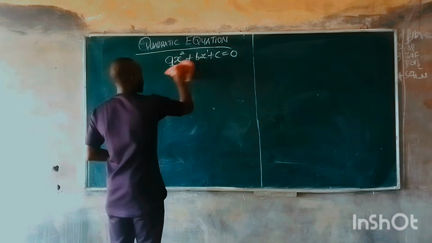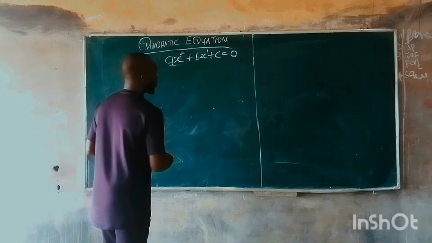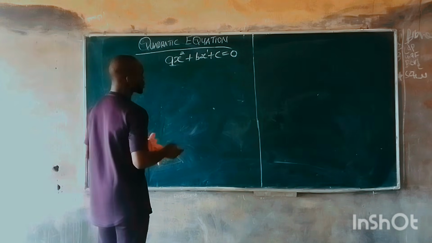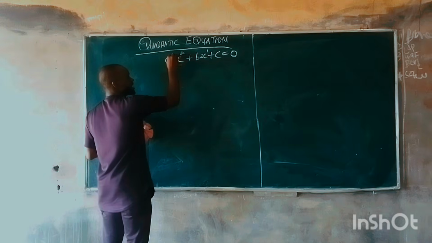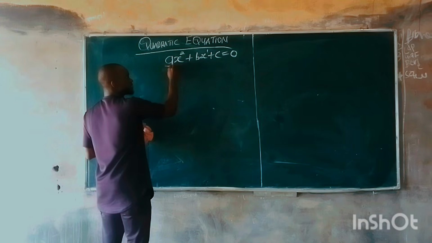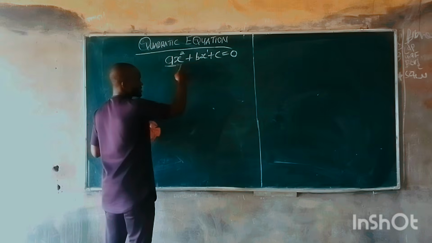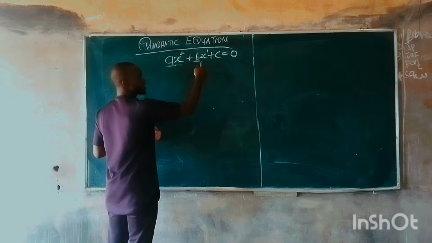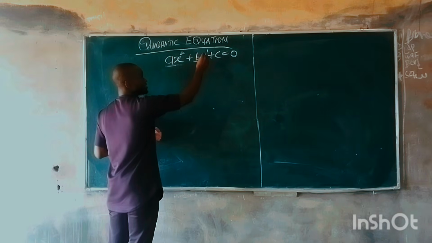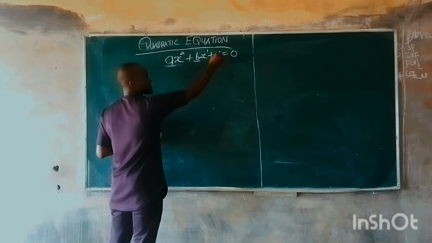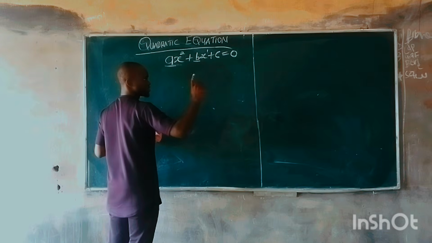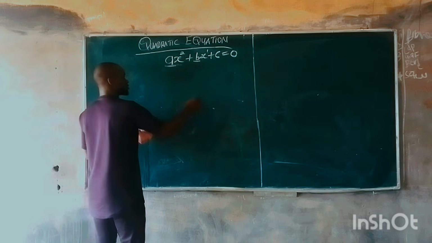Before we move into the questions, let's look at this. What does this A signify? The A signifies the coefficient of the quadratic. The B signifies the coefficient of the monomial, that is the power of 1, and C signifies the constant, the one that does not have any unknown attached to it, and all of them are equated to 0.